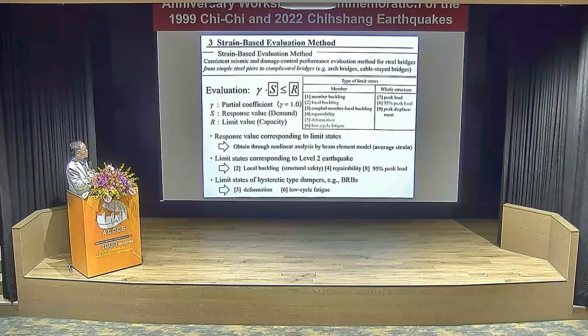And limit states against level 2 earthquakes: usually the first one is local buckling, the second one is repairability, and the third one is 95% peak load. This is the JSCE format. For the limit states of BRB, we check the deformation, for example 3%, and also local low cycle fatigue, for example using the CID index.